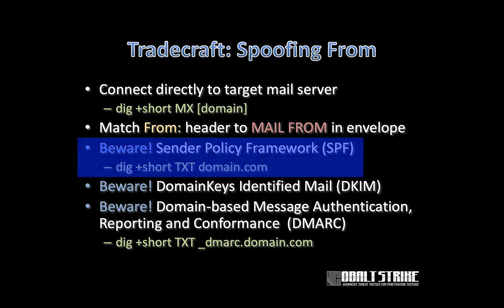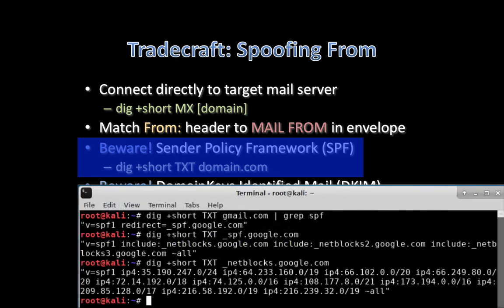So you have to be aware of something called Sender Policy Framework. Sender Policy Framework is a way of restricting which mail servers are authorized to use a certain domain in their email envelopes. So when I connect to a mail server and I say, hey, mail from Rafi@whatever.com, the receiving mail server is going to look up a text record on my domain on whatever.com and look for something called an SPF record.